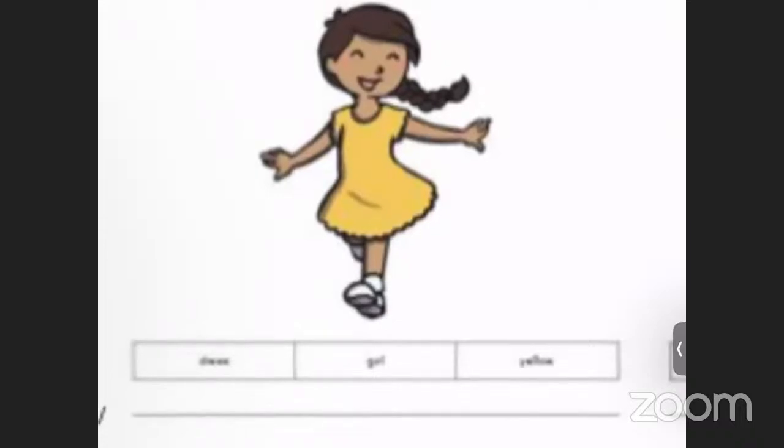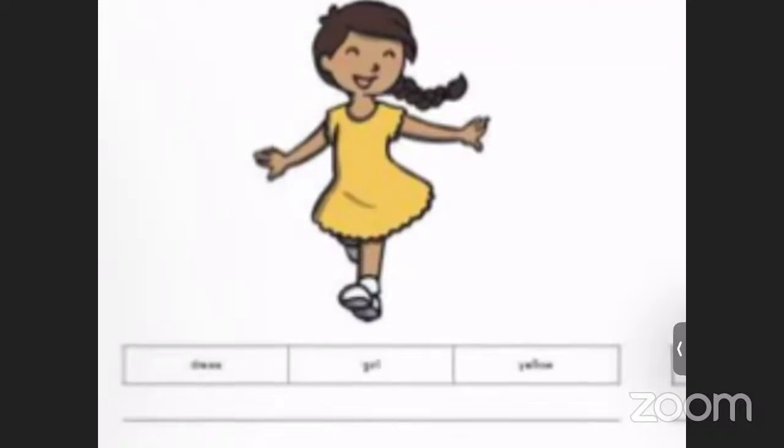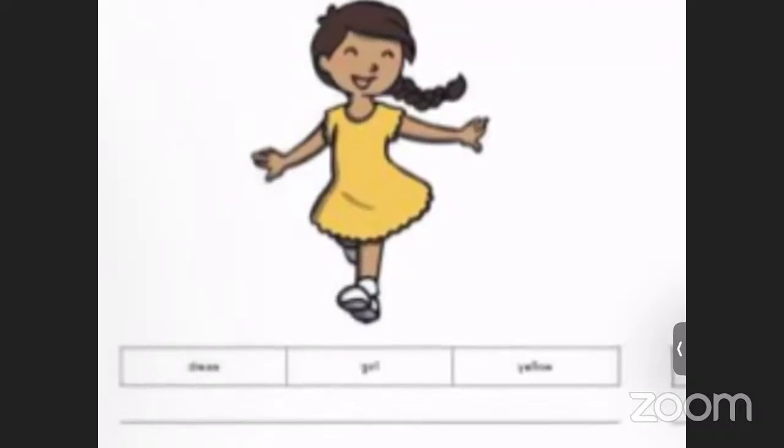Wonderful. What is another thing that you can add, looking at the picture, not the words? What else is she doing? Can you explain the picture? The girl is running with joy.